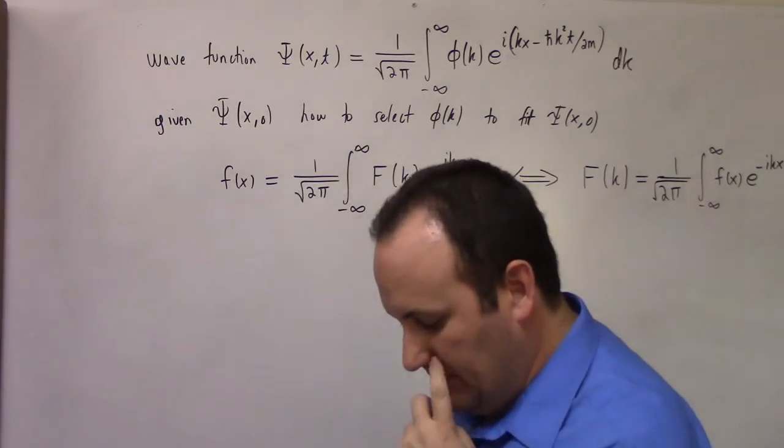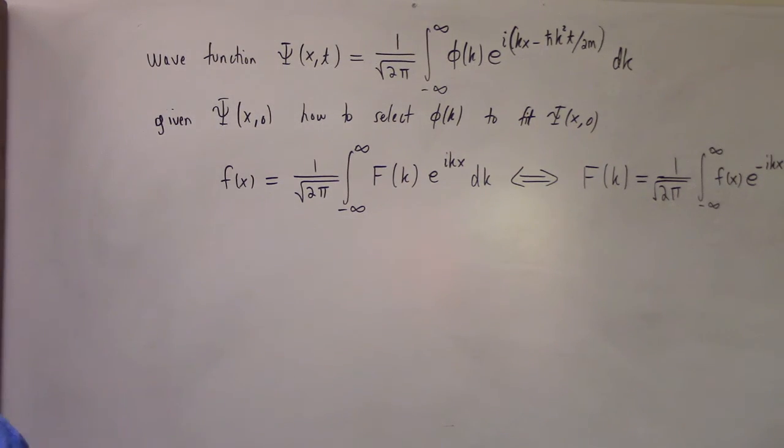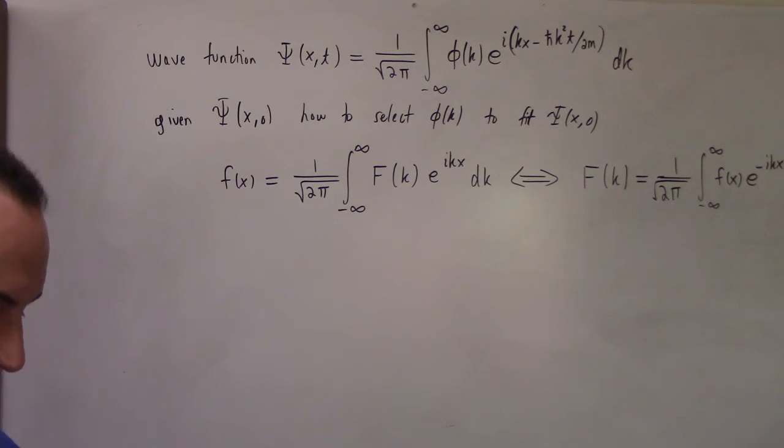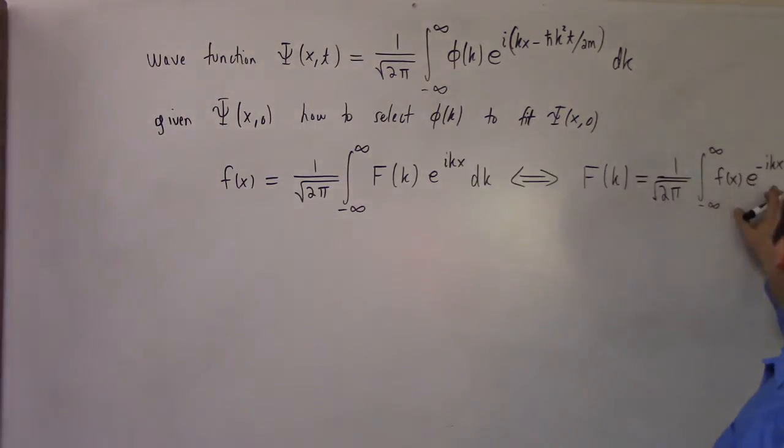Kind of a beautiful symmetry in those equations, isn't there? Big F of k is called the Fourier transform of f of x, and likewise little f of x is called the inverse Fourier transform of big F of k. The difference is in the sign of the exponent: ikx versus minus ikx.